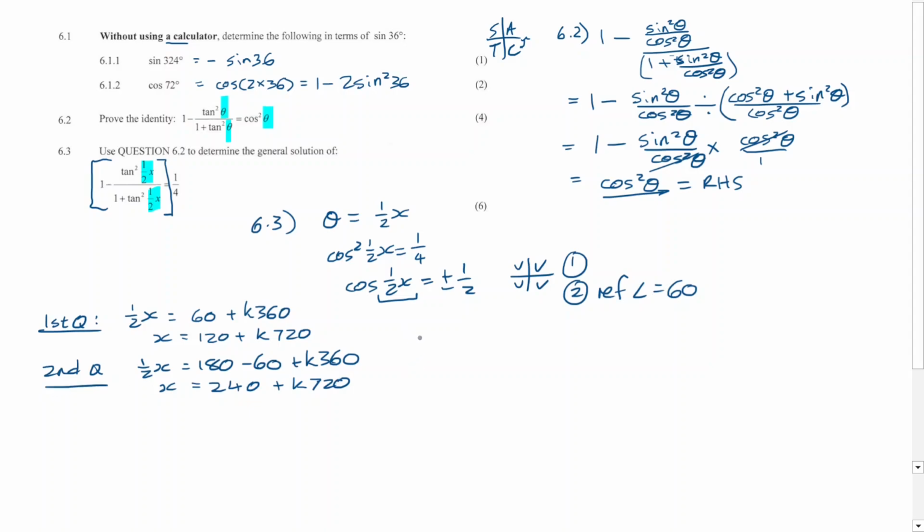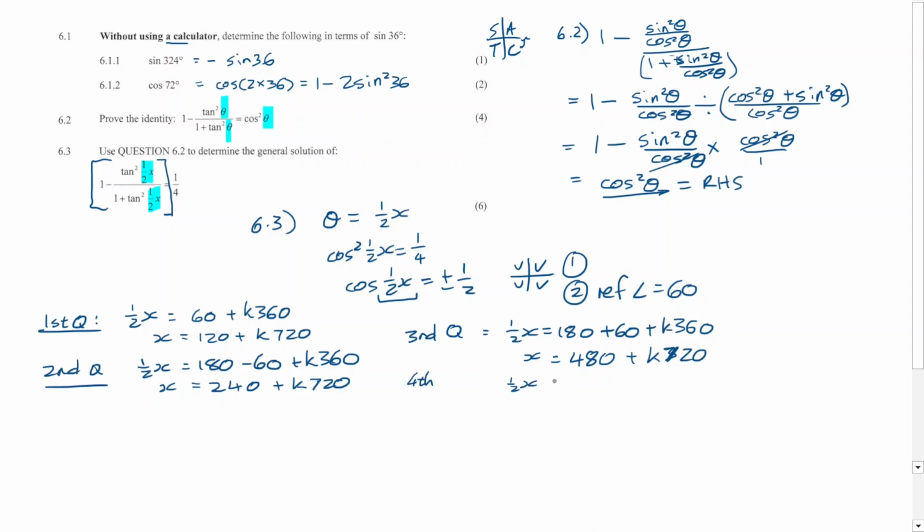How do I get into the third quadrant? It will be half x equals, the way I get into third quadrant is 180 plus the reference angle. And again, I'm going to just double this answer. So this becomes 240. So if I double it, it's 480 plus K720. And then the fourth quadrant, how do I get in the fourth quadrant?